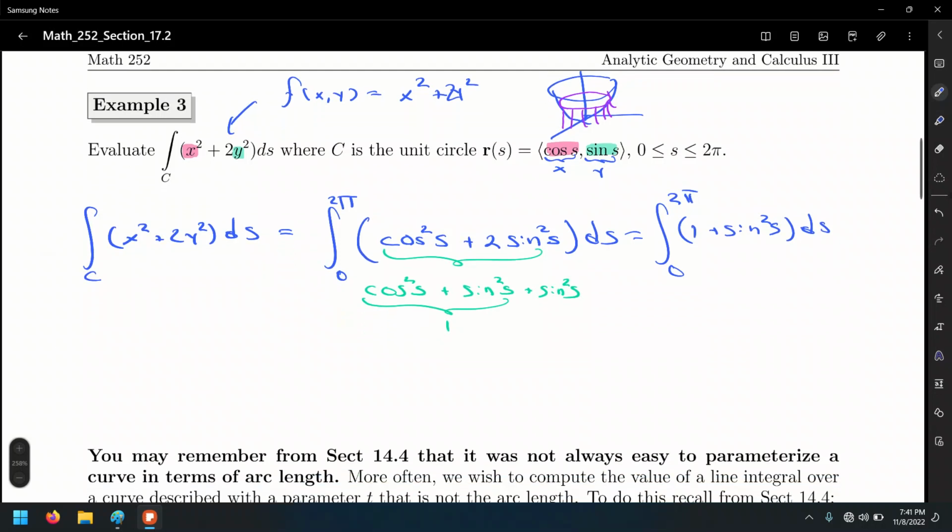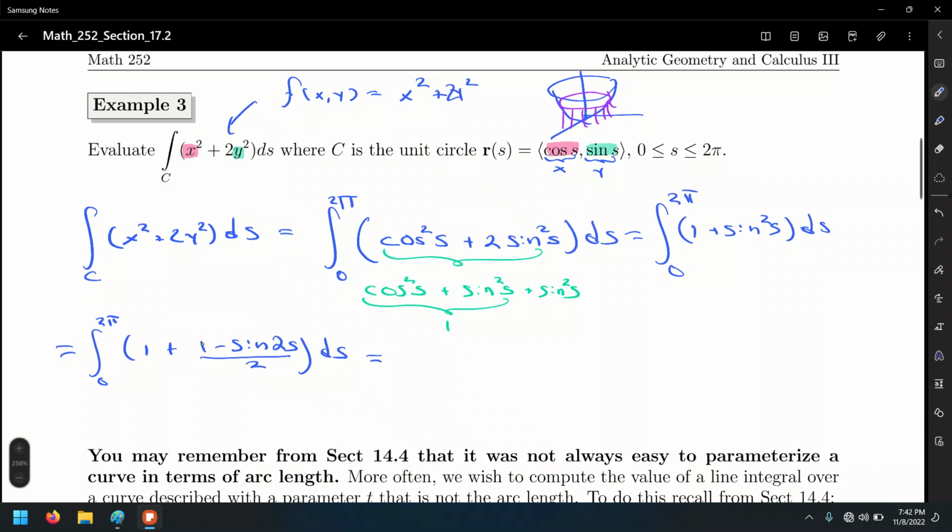We will have to go about the power reduction formula for sine squared, so that's the integral from 0 to 2 pi of 1 plus, or rather 1 minus cosine 2s, over 2, ds.